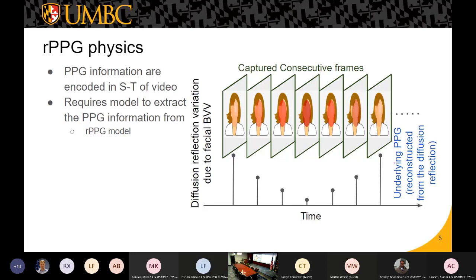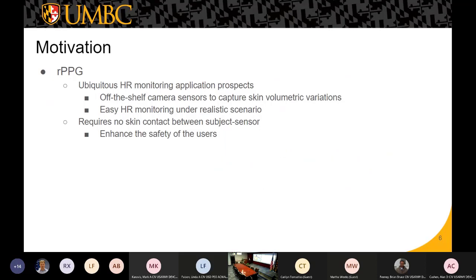The idea is similar here, that we need temporal frames with this diffusion reflection. So we need some type of model, some type of black box, I would say, to extract this diffusion signal that will eventually give the heart rate.